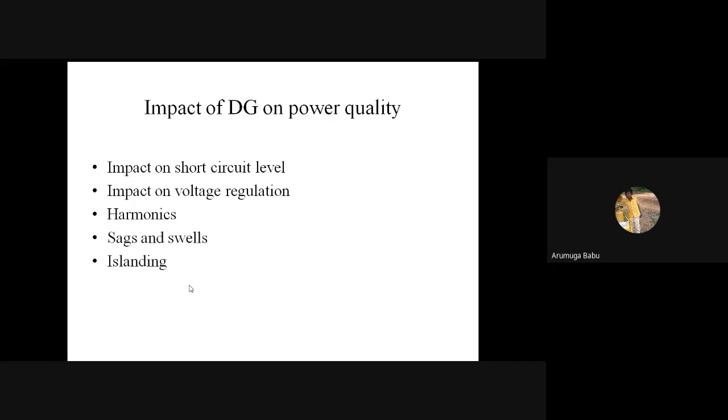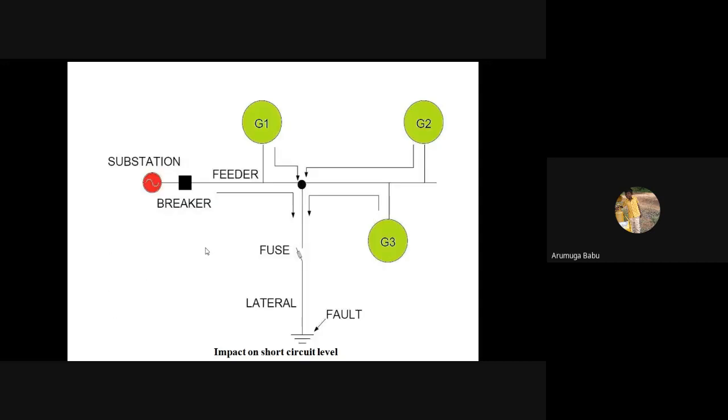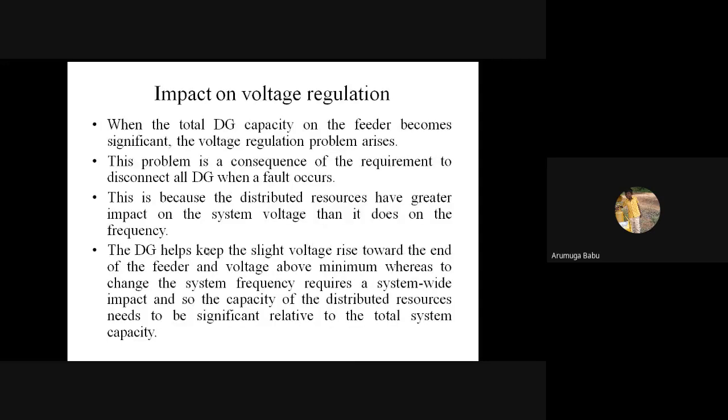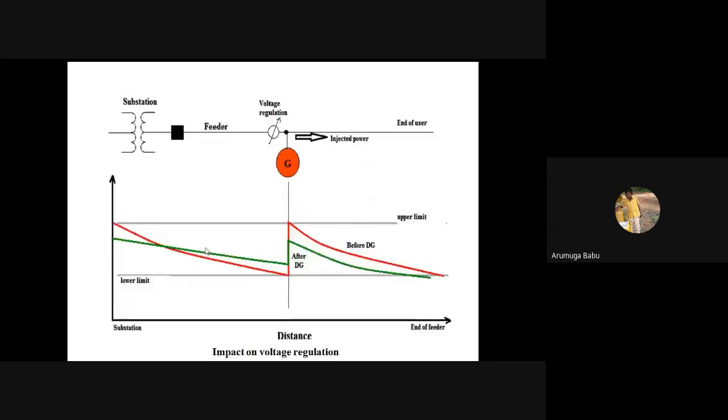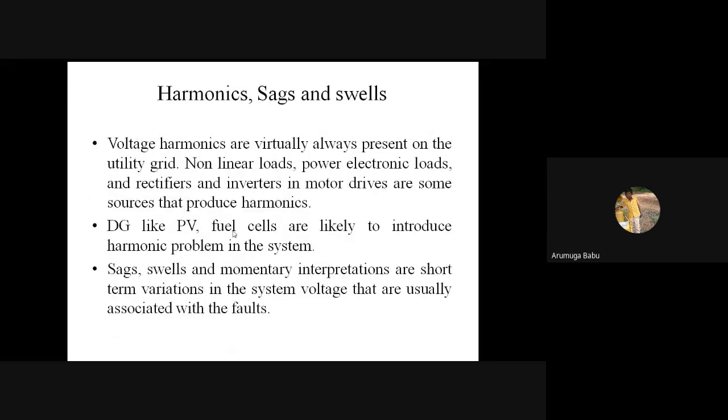Impact of DG on power quality. The main drawback of DG is that it has plenty of power quality problems like harmonics, sags and swells, and islanding. What is a sag?